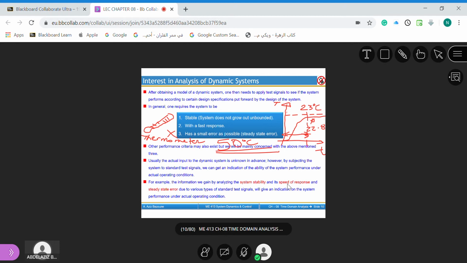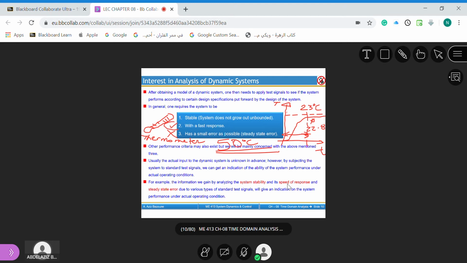What is the time you can wait for? 10 minutes? 10 seconds? 10 seconds, maximum 1 minute, let's say 2 minutes, up to 5 minutes, acceptable. But after that, you cannot wait for hours. So if it does not satisfy this requirement also, that's why we are saying it should be a fast response.